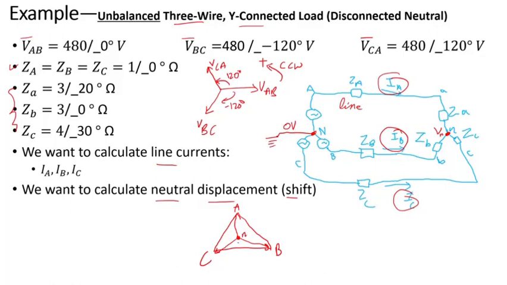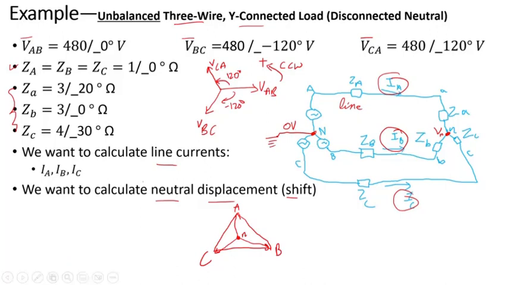You can see it's at the center, because everything is balanced, and the line-to-line voltages AB, BC, CA will always be balanced regardless. But the line-to-neutral or line-to-ground voltages will not be balanced. So what I drew here is under balanced conditions.